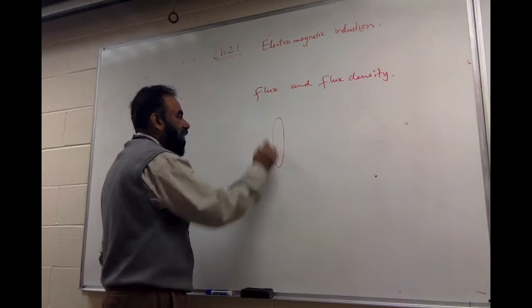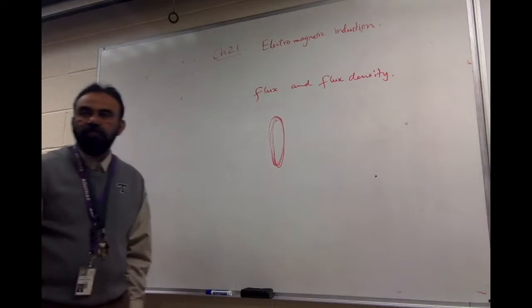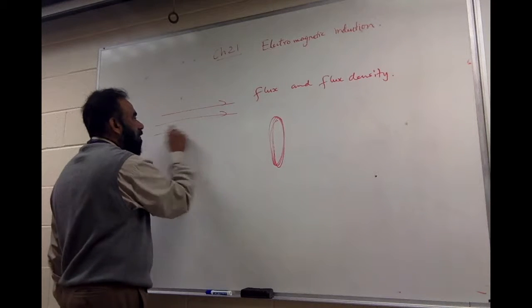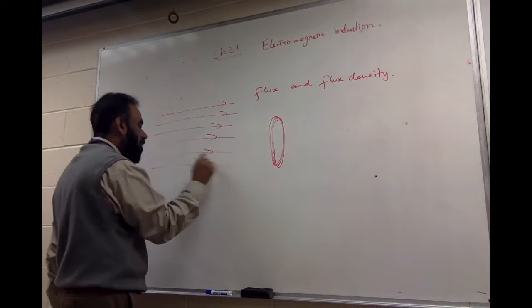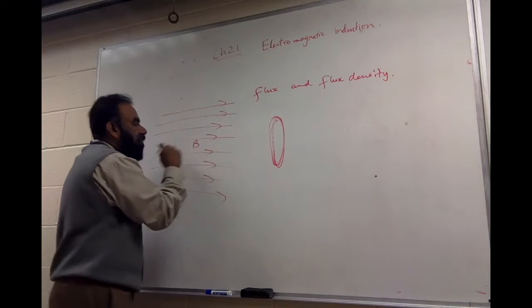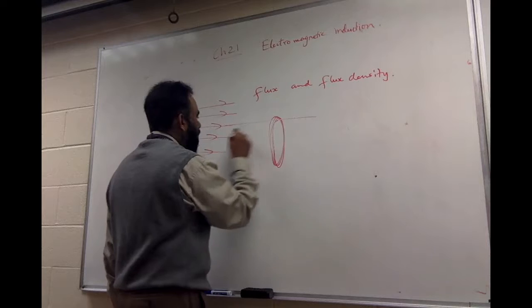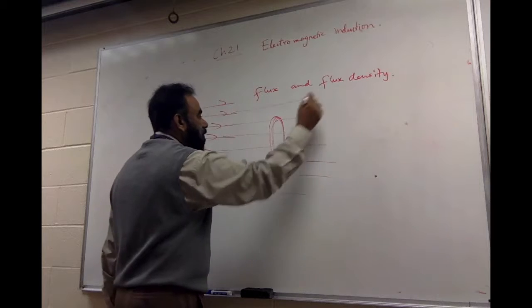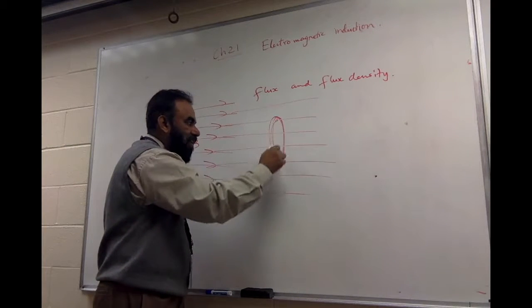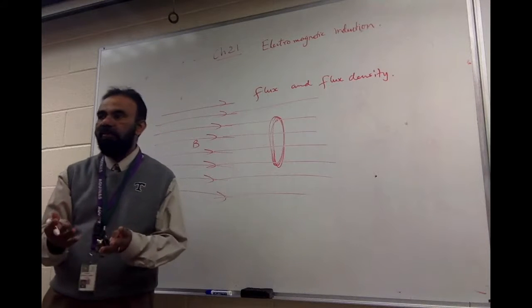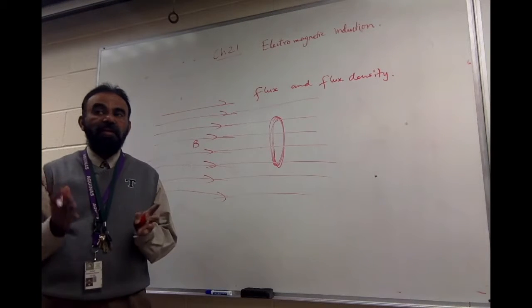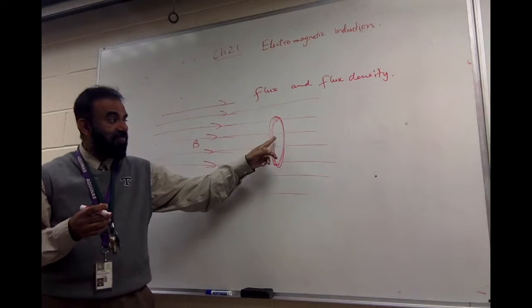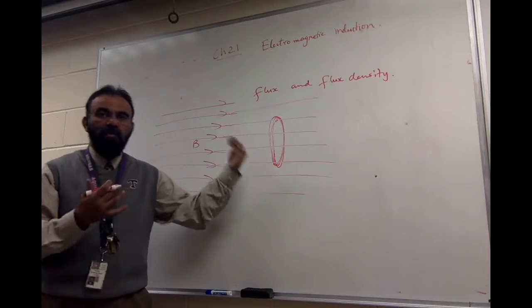So if I have a coil like that, and if there's a magnetic field, how much of these field lines are able to pass through the coil? That is the flux. We call it flux. How many lines, literally? You know that lines are imaginary, so it's something you have to relate to the crowding of the lines.